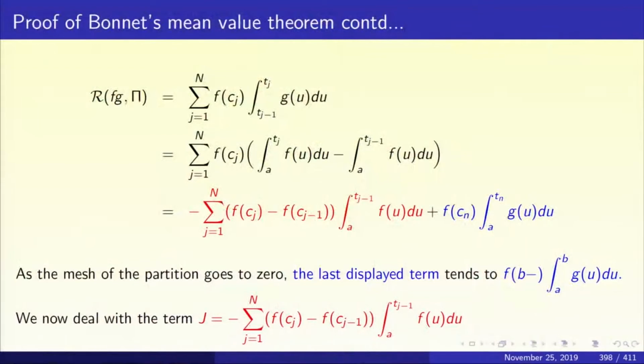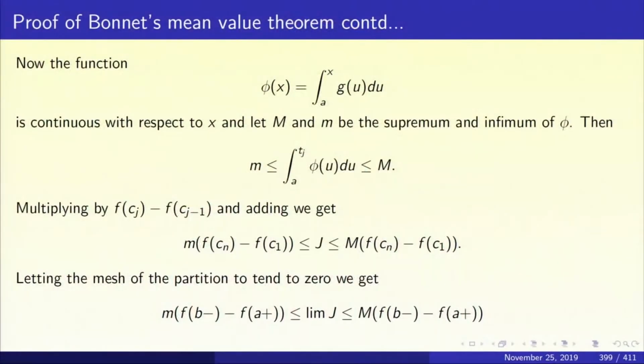And now we deal with the first term in red, which is J equal to minus summation j from 1 to n of (f(c_j) minus f(c_{j-1})) times the integral from a to t_{j-1} of g(u) du. So, let us look at this function phi of x, which is the integral from a to x of g(u) du.